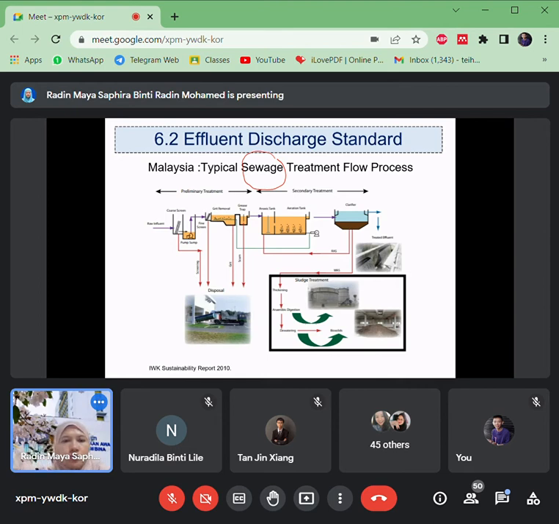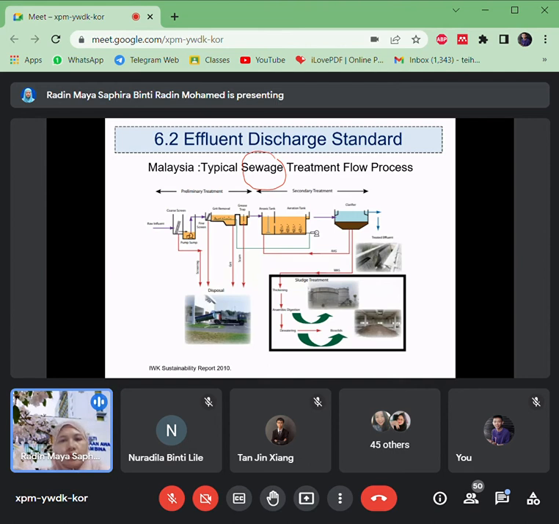So the typical process in Malaysia run by IWK is firstly we have the raw sewage, air yang fresh dari rumah. So kita ada coarse screen yang kasar dulu, kita ada pump sump, kita ada fine screen. First kita kena buat grit removal.